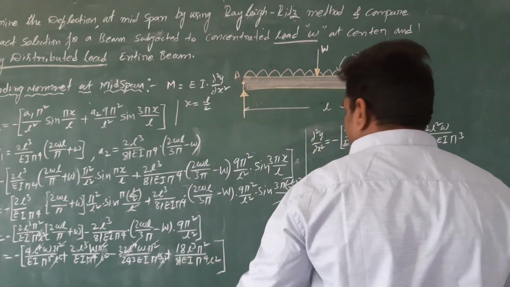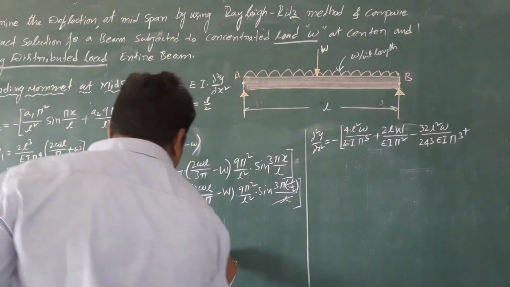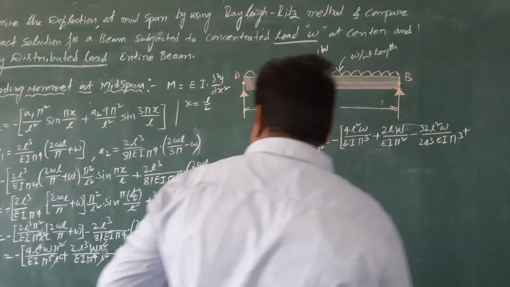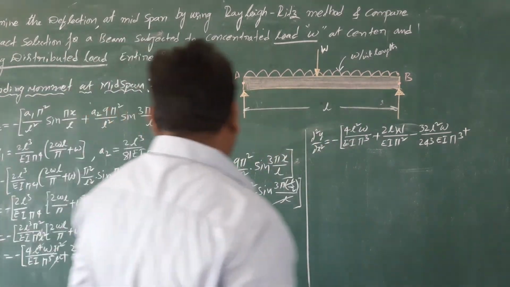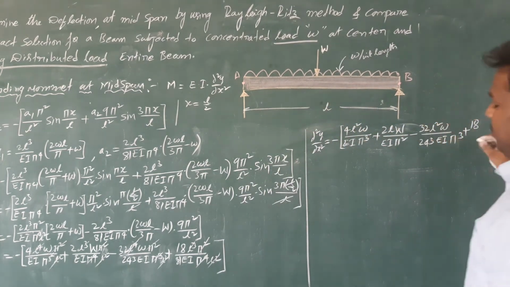Next here 18, so L square, L cube once cancel, remaining is 18 L. Pi 2 times cancel.